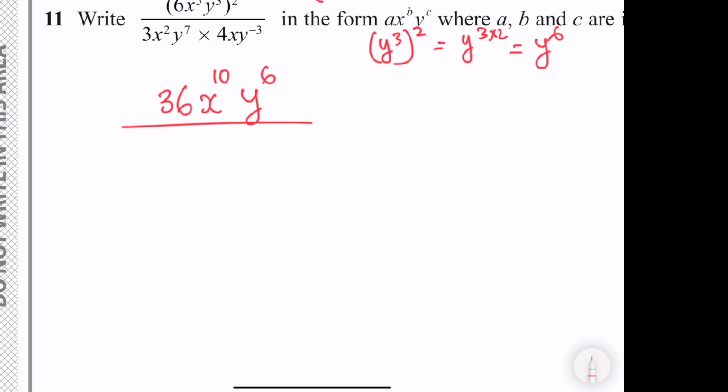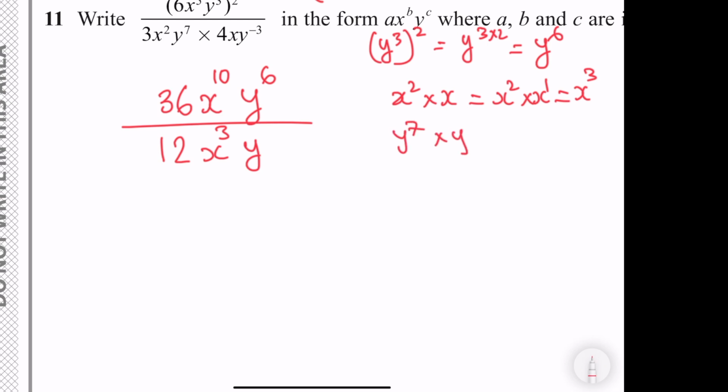So 3 times 4 is 12, and then x2 times x is x2 times x1 is x3. You add the powers. And then y to the power of 7 multiplied by y to the power of minus 3 is y to the power of 7 plus minus 3, is just y to the power of 7 take away 3 is 4.